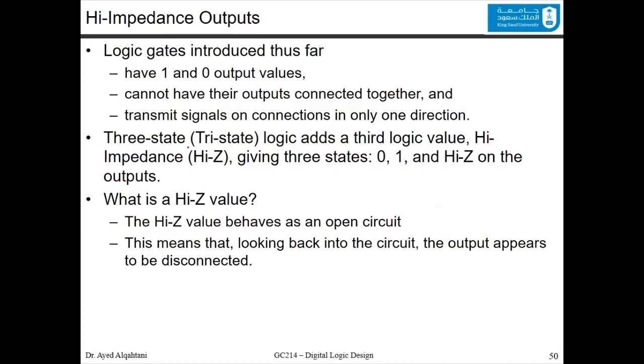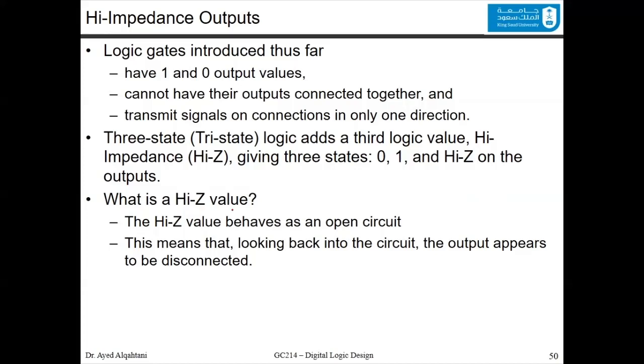The 3-state or tri-state logic adds a third logic value. So we have 0 and we have 1, and now we are introducing a high impedance, which we denote as high Z, or sometimes just Z.